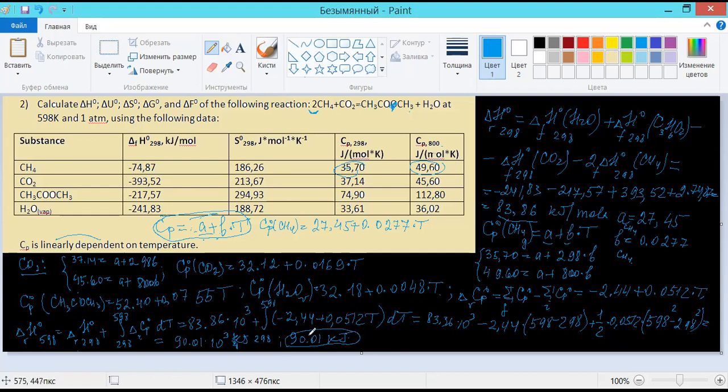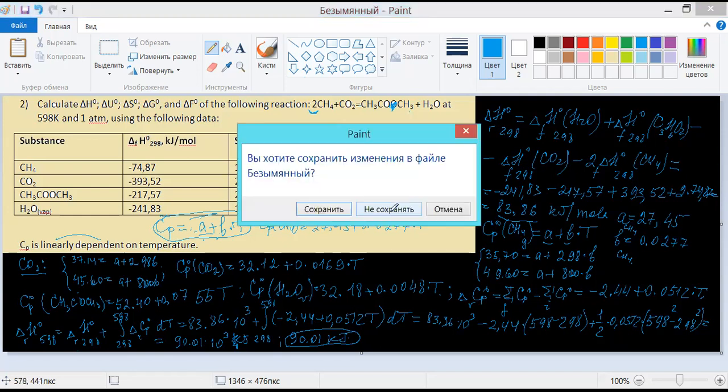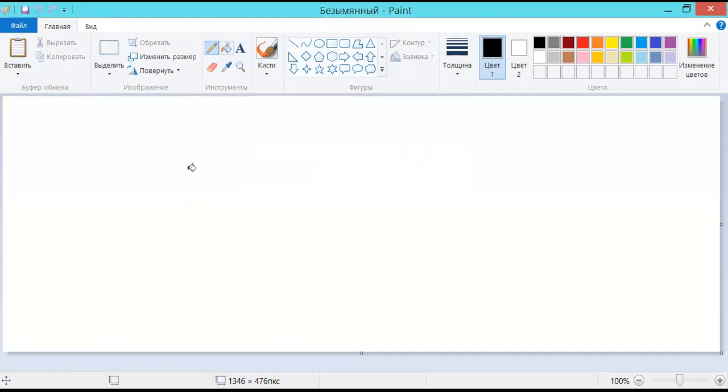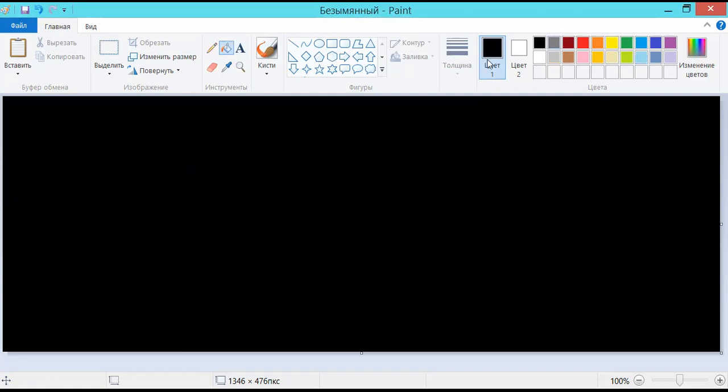Okay, then let's continue. We remember that delta H equals delta U plus delta P times V, right?